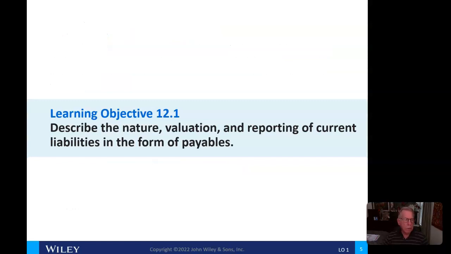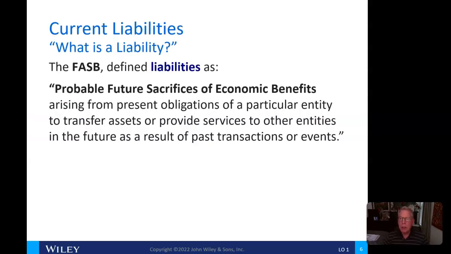All right, on to the meat of this chapter. Here we're going to describe the nature, valuation, and reporting of current liabilities in the form of payables. What is a liability?